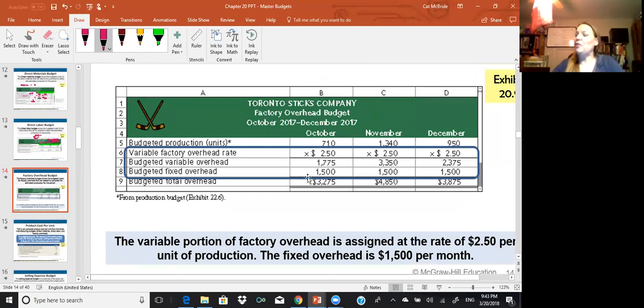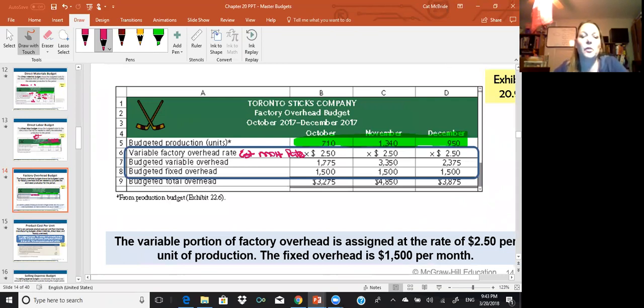So manufacturing overhead isn't that hard either. We start out with the same production units that we had already planned on, so that keeps carrying over and should look familiar. We know what our variable factory overhead rate is because how did we get that? This is our estimated manufacturing overhead rate. So that gives us our budgeted variable overhead.